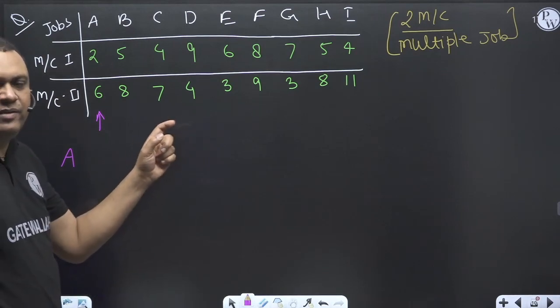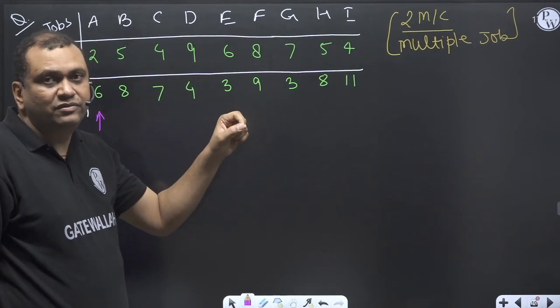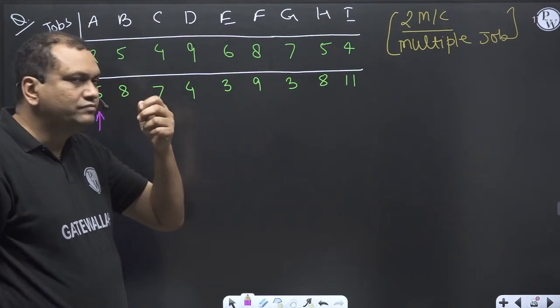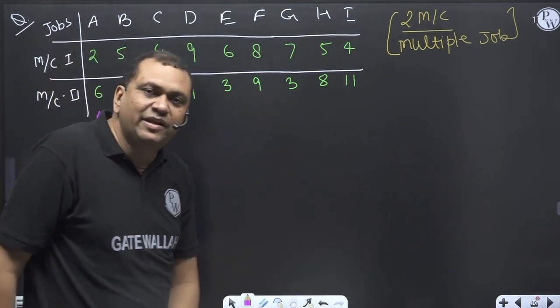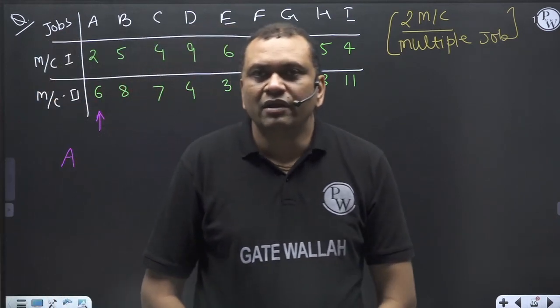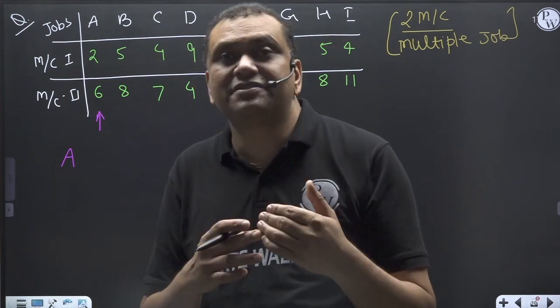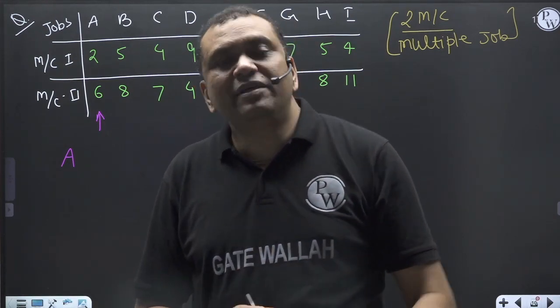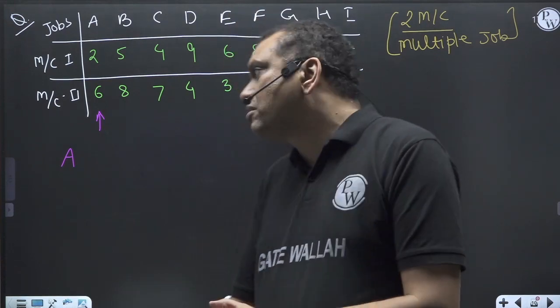And if the minimum time appears for machine 2, process it last.